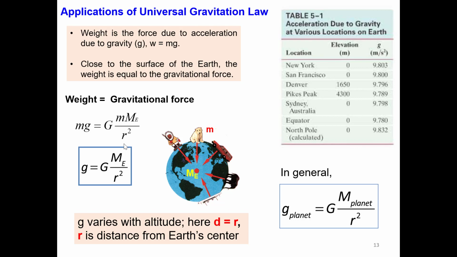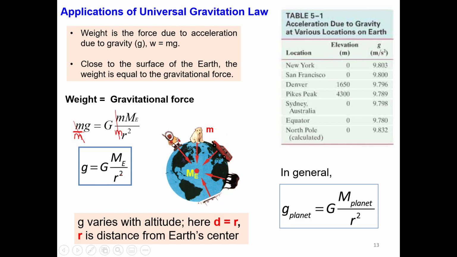If we divide both sides of the equation by the small m, we can see this mass cancels out. Then we get g, the acceleration of gravity, equals the constant value G times the mass of the Earth over the radius squared.